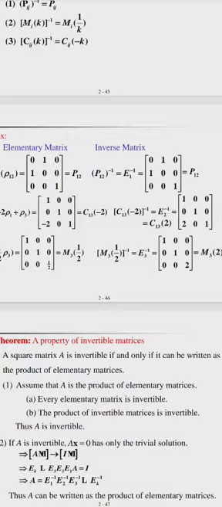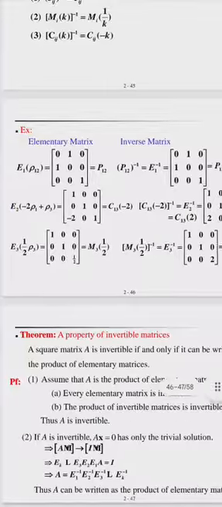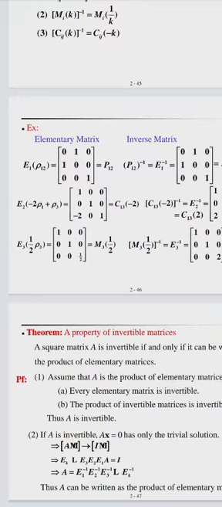Multiplying the minus in row 3, the answer is 2 0 1, so the value is C13 of 2.